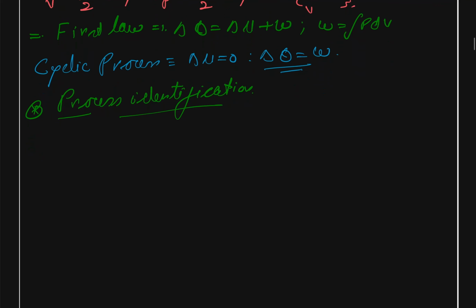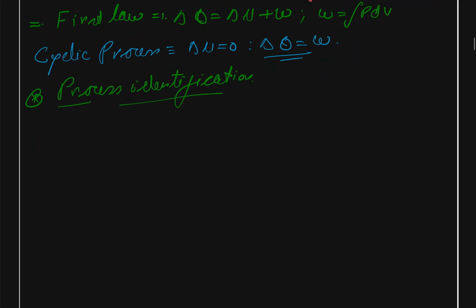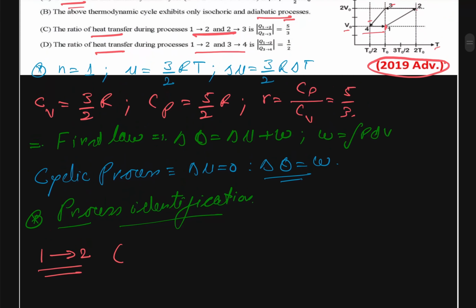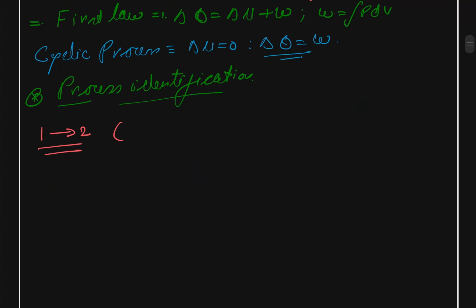The first process is from 1 to 2, and it starts from V0, T0 and goes up to 2V0, 2T0. So it starts from V0, T0 and goes up to twice V0 and twice T0.